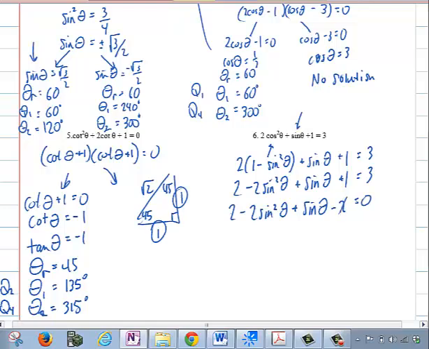And now I cancel out the 2's because they subtract each other. Then I'm going to take out the sine, the greatest common factor, because there are only 2 terms left. I take out sine of theta and I have negative 2 sine of theta plus 1. Everything equals 0.